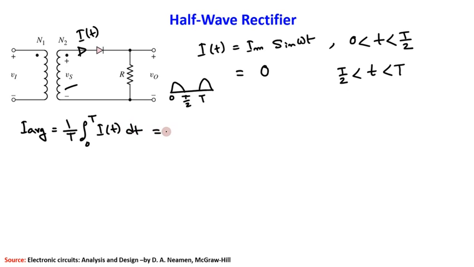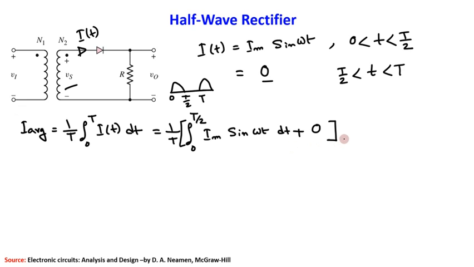So if you now substitute here, 0 to T by 2, it is Im sine of omega t dt, right? We have split the signal into two parts. One is 0 to T by 2, then the other part is from T by 2 to T, but there the amplitude is 0. So we can write here directly 0, right?